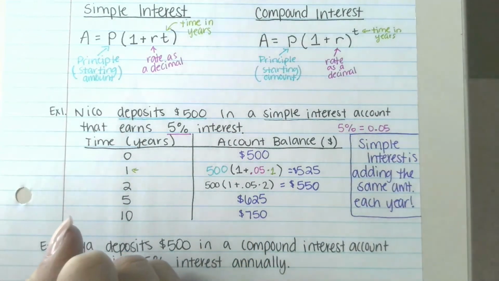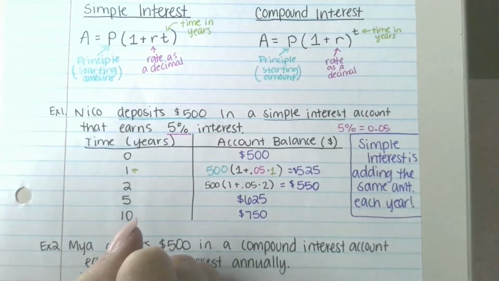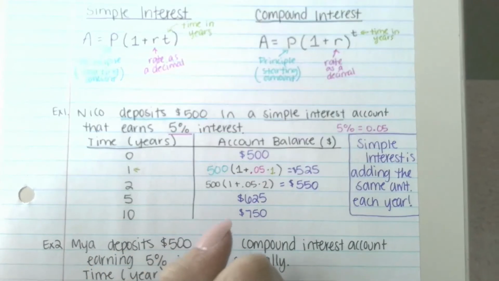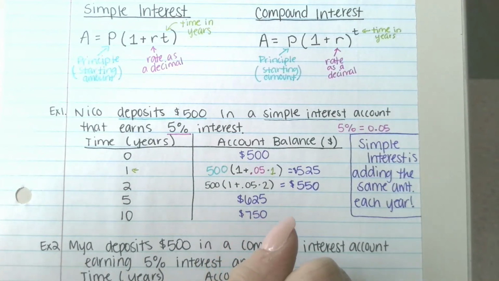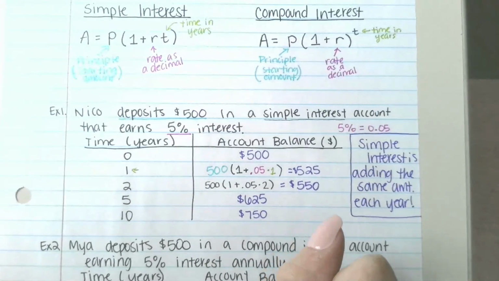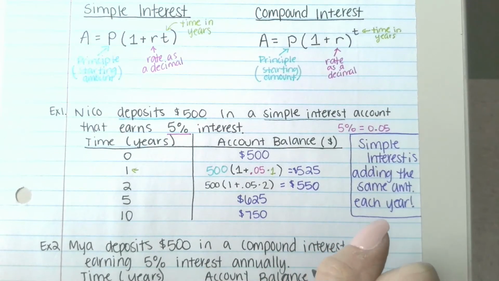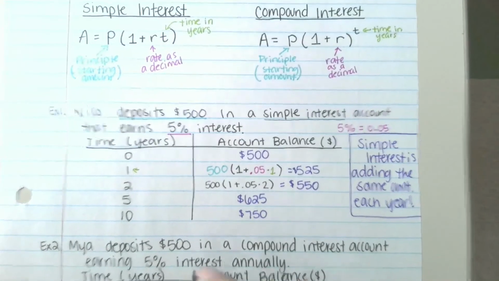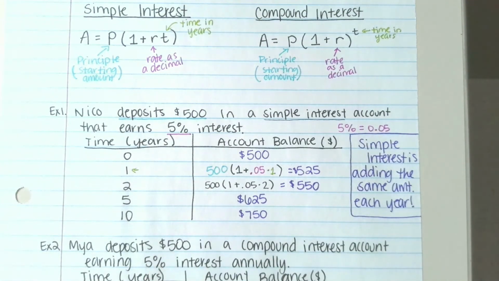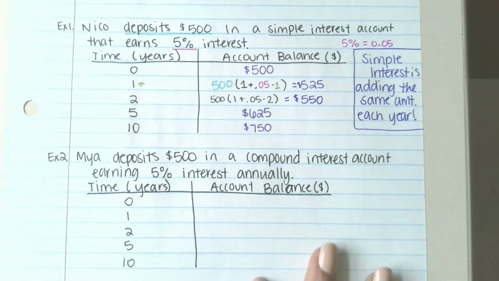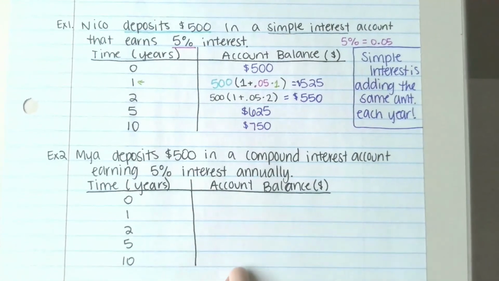So let's go ahead and make the same table for her. I want us to be able to compare how these two types of interest are different over the same amount of time with the same percent interest and the same deposit. So 0, 1, 2, 5, and 10 here. And we're going to fill this in.